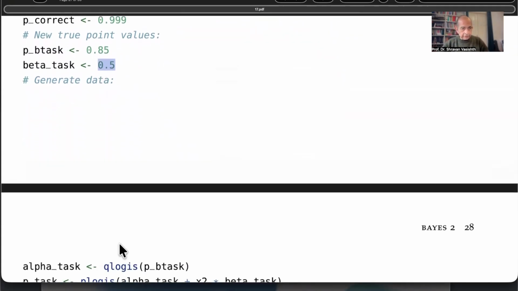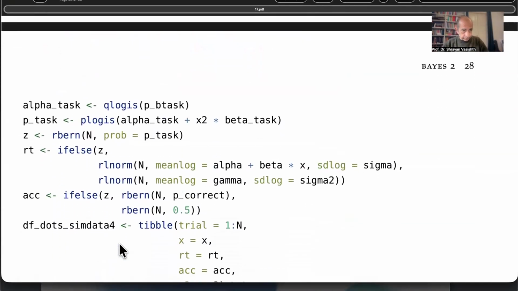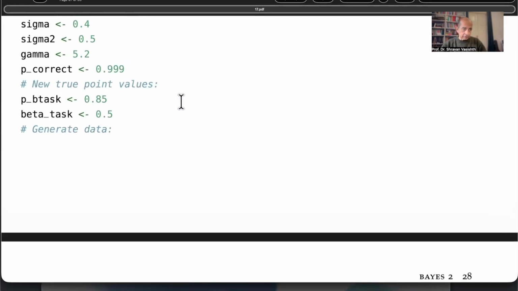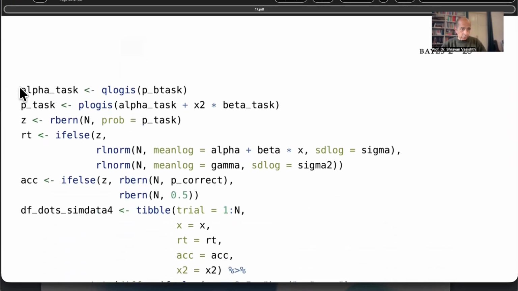So now we're going to generate the data. The qlogis function is going to take that probability of B task, which we specified as 0.85, and convert it to alpha task, right? Because that's what it was. And it's going to turn up now in the log odds equation that we showed earlier, which is here.